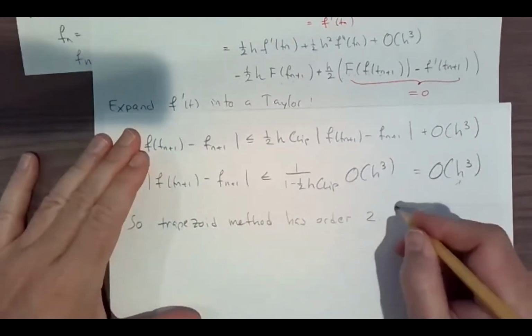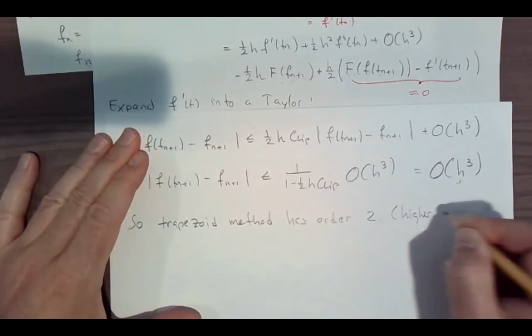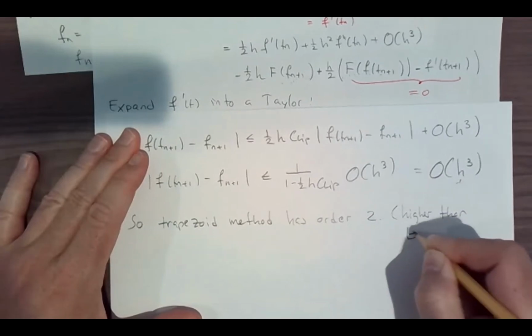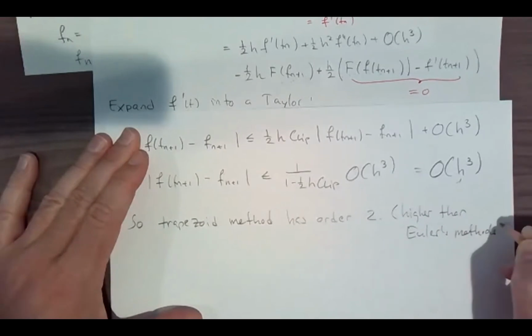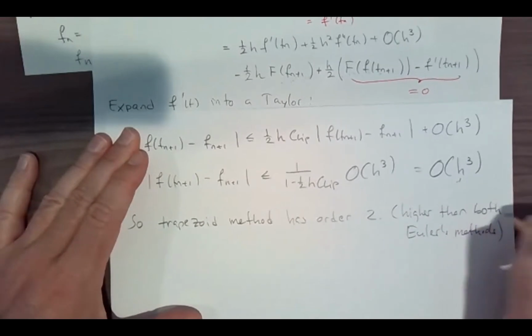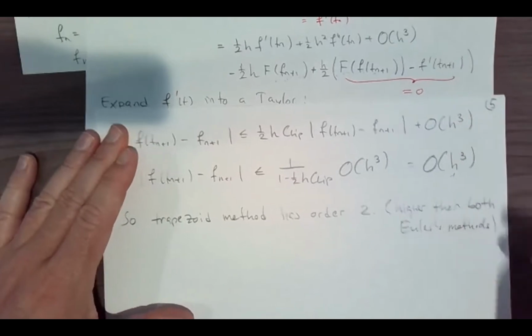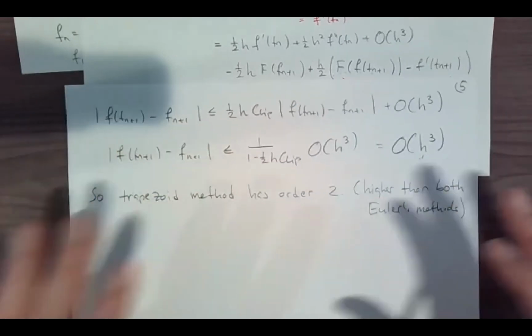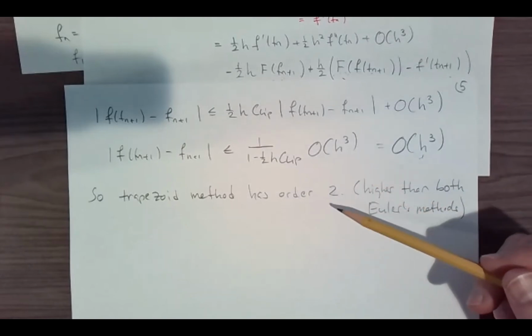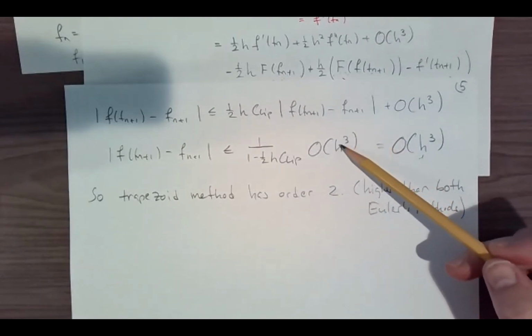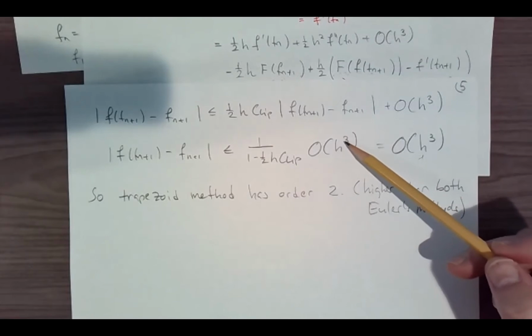So this is higher than Euler's methods. So there's an advantage here to use the trapezoid method. It gives us a faster rate of convergence. It gives us this h to a higher power than the other two.